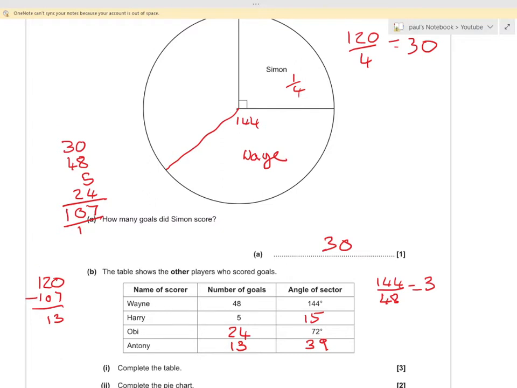Harry, he only got 15 degrees. That's not very much, is it? Yeah, 15 for Harry. Obi got 72 degrees, which is quite respectable. 72 degrees for Obi. And 39 degrees for Anthony with no H.